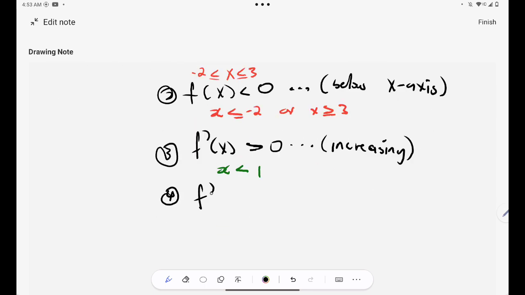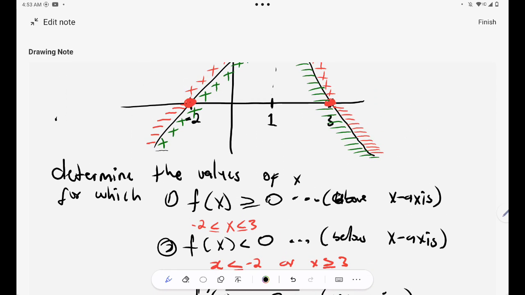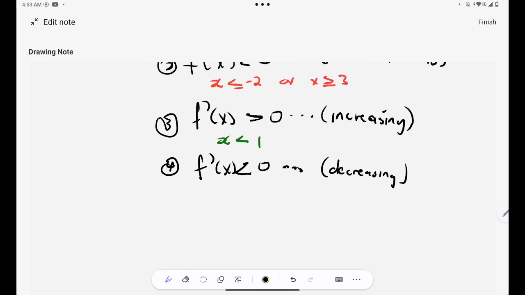Then number 4, where is my graph decreasing? Decreasing means less than 0. My graph is decreasing whenever I move from 1 going to the right. I can see that the graph is moving downwards, so it is decreasing. So here I'll simply say whenever x is greater than 1.